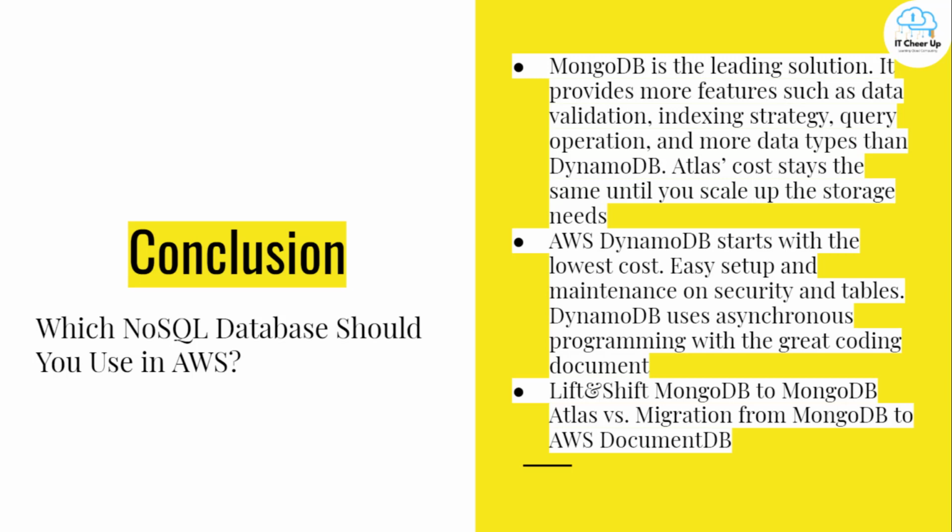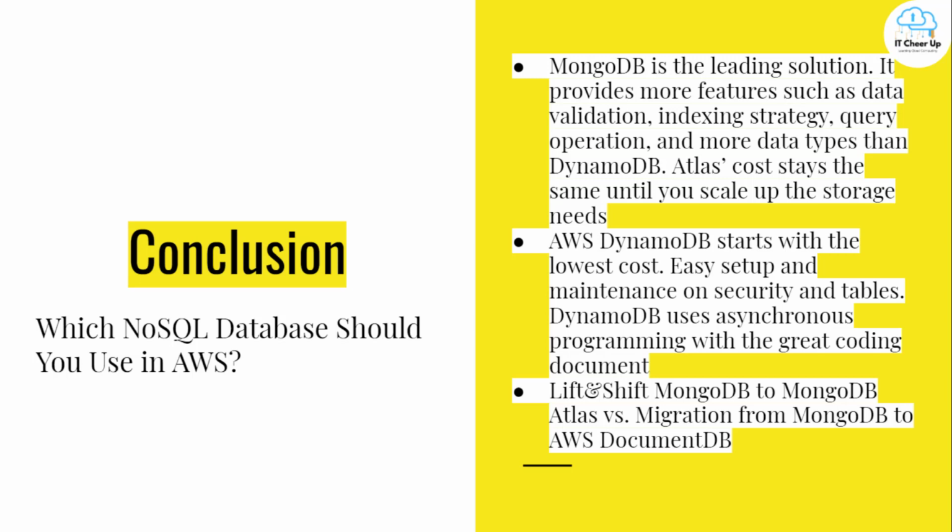AWS DynamoDB starts with the lowest cost of these 3 solutions, with easy setup and maintenance on the security and tables. DynamoDB uses asynchronous programming with great coding documentation. However, if the developers are uncomfortable with asynchronous programming, then DocumentDB and MongoDB may be good options.